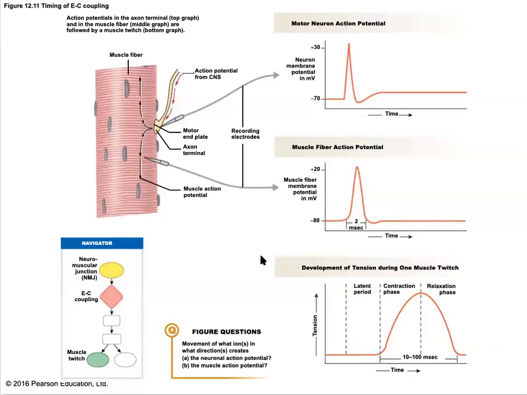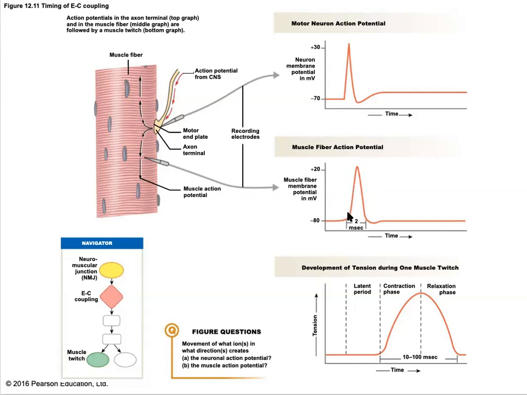This graph shows the timing of electrical and mechanical events that happen during excitation contraction coupling. What we see here is the action potential of a somatic motor neuron, followed by the skeletal muscle action potential. You can see the two happen with a little delay.